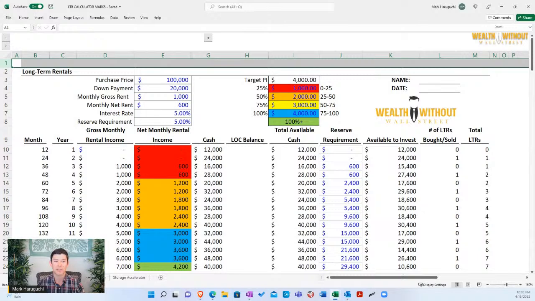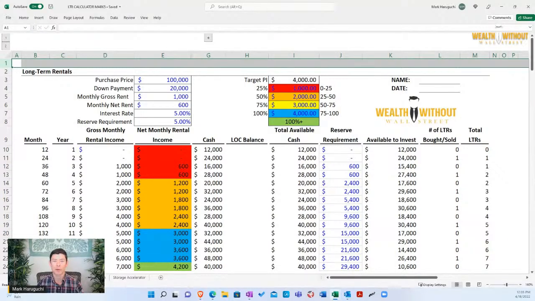You keep saving until you can come up with another 20 grand down, so it's going to take you another 2 years. Boom. Year 5, you're up to $1,200 a month. You've got 2 properties, so everything's starting to look good. You can see you're going to jump up to hitting just about your target, 75 to 100% of the way there. And then finally in year 15, you will break the $4,000 mark.